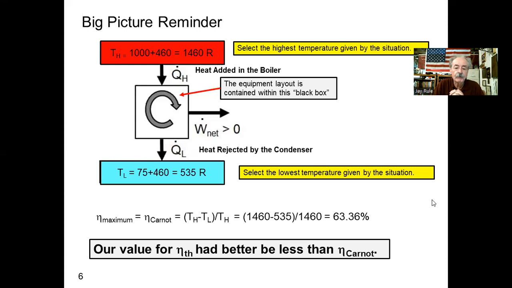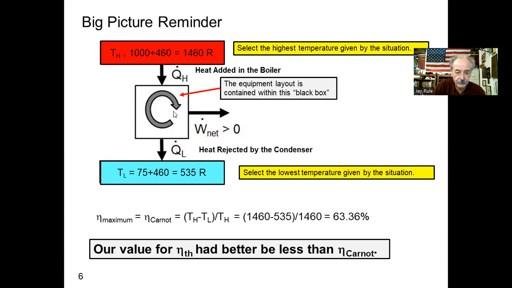Let's look at a big picture reminder and remind ourselves about the thermal efficiency of a system operating in a cycle. So I'm not getting off track. I'm just trying to give you the big picture. See this black box with a clockwise circle in it. All the equipment that you saw in that sketch, all the equipment that was depicted on the TS diagram, it's all fitting into this black box.